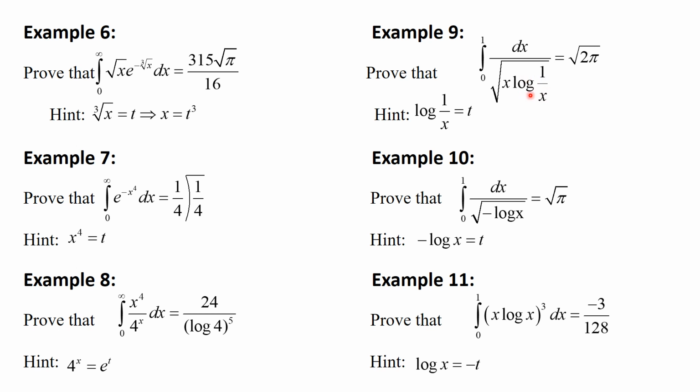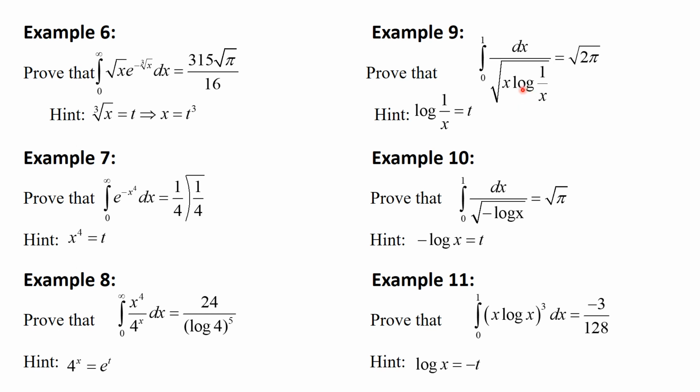In the session on beta functions you will see in detail how to simplify such expressions. But don't get confused: even though the limit is from 0 to 1, due to this logarithmic function the substitution converts to the gamma function, that is, e raised to minus t as the form.